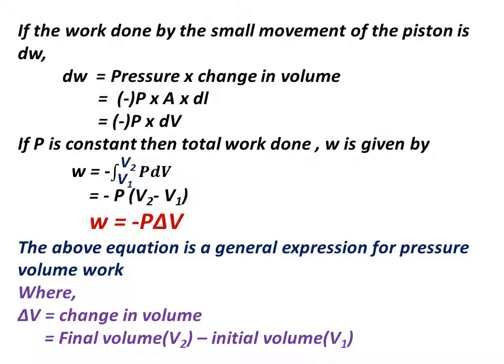You may get it as a question in your examinations, so please learn this derivation thoroughly. I have already explained what delta V is: it is the change in volume, given by final volume minus initial volume.